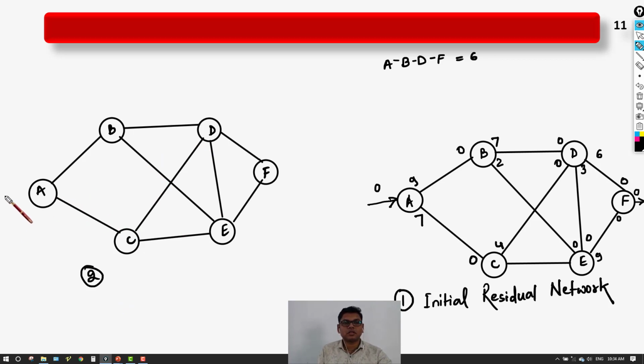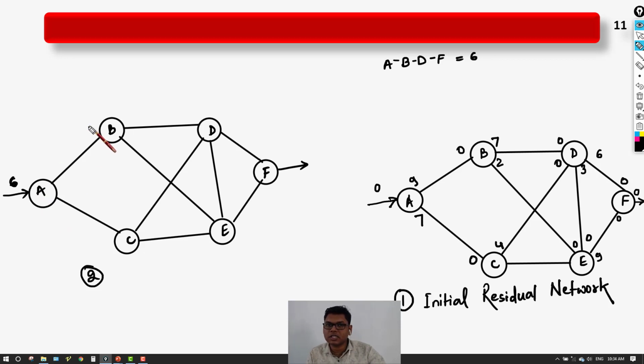Now this is the entry and this is the exit. We have selected the ABDF augmenting path, the first augmenting path. How much is possible on that? Whatever is the minimum capacity will become the capacity of this path. So 6 is possible. At entry we will take 6.